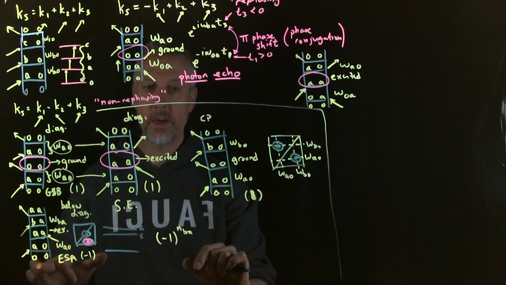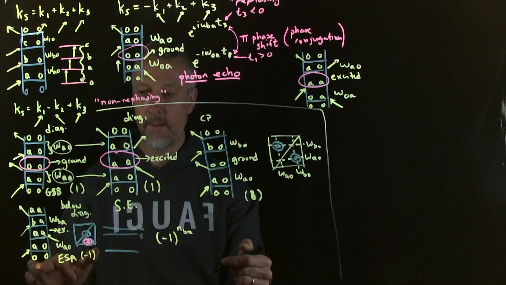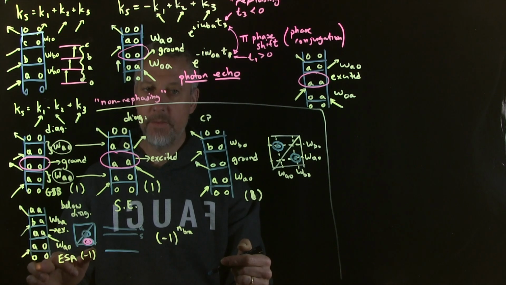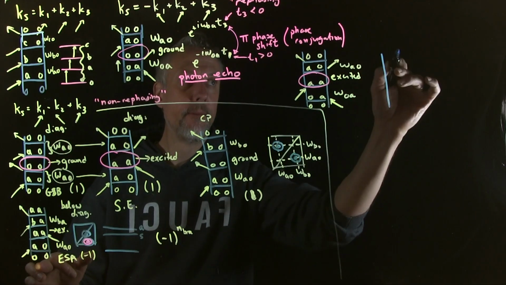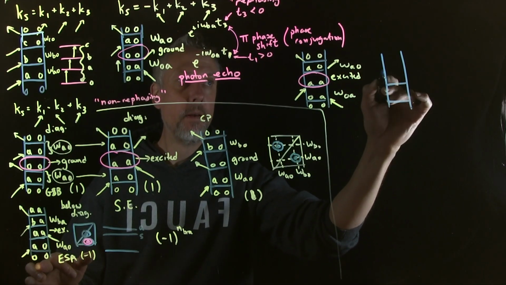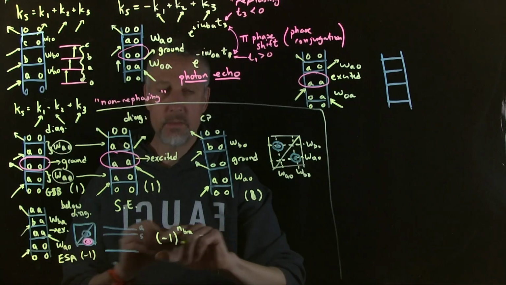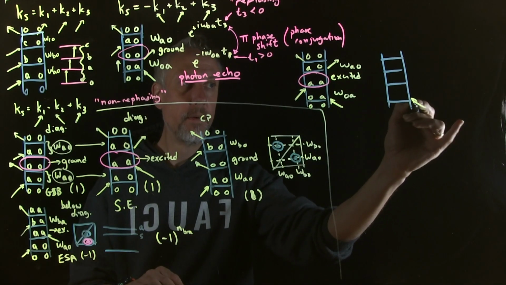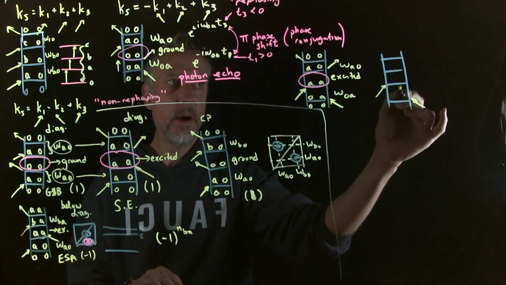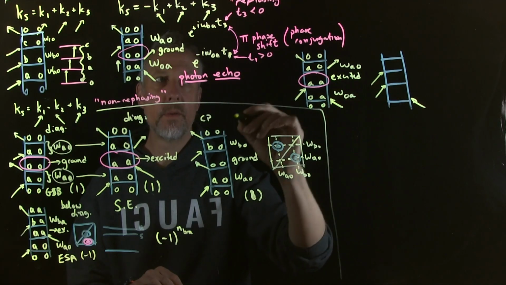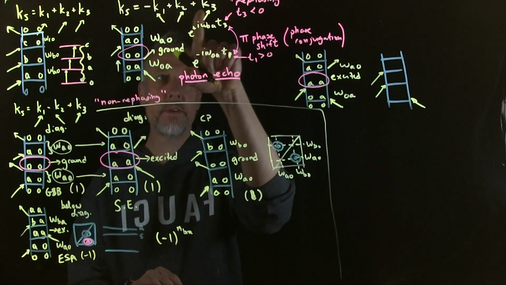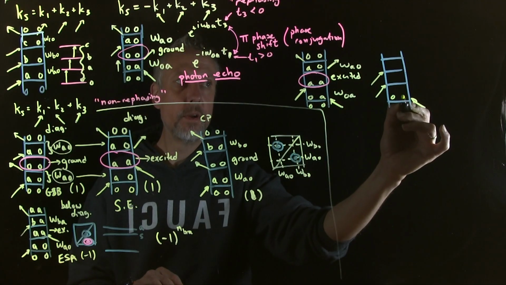All right, so let's keep going with this one here. No, let's go with this one here before we get to the cross peak one. All right, so we look at the below the diagonal signal. It's going to look pretty similar. We start over here, we go over here, and now we're going to keep going up. So k3 is with a plus, right? Because we have minus k1 plus k2 plus k3. We have 0A.